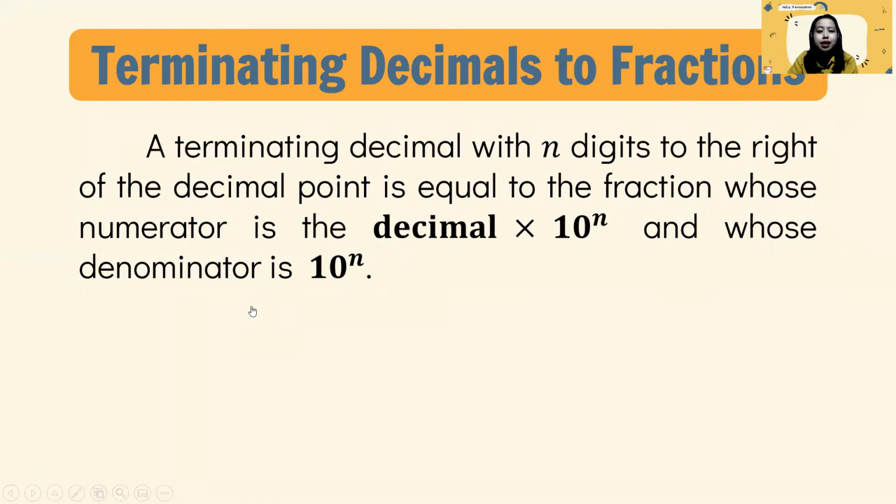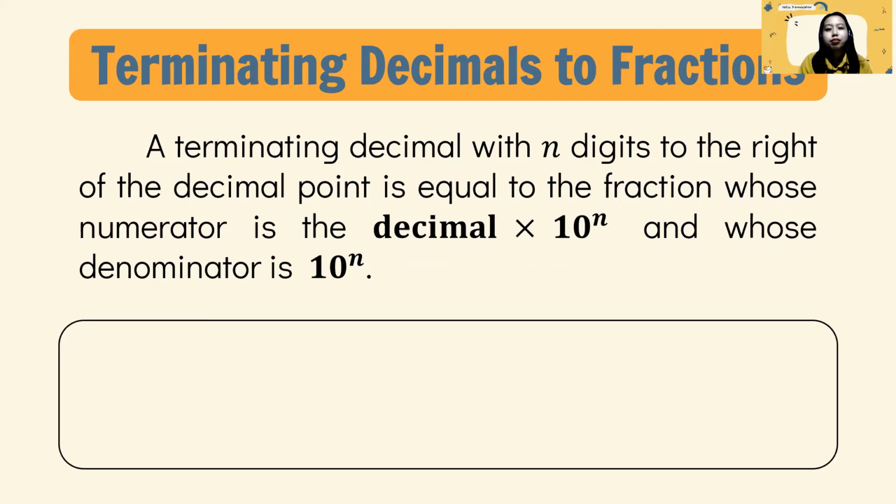A terminating decimal with n digits to the right of the decimal point is equal to the fraction whose numerator is the decimal times 10 raised to n and whose denominator is 10 raised to n. To further understand this, here is a guide.